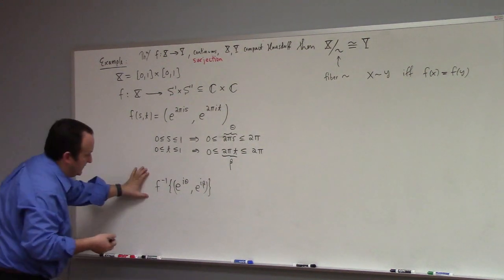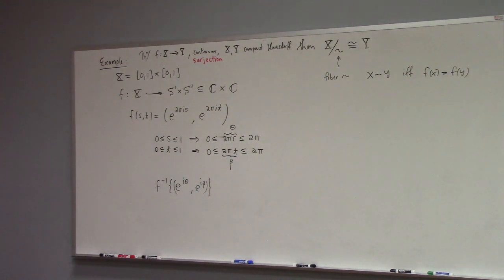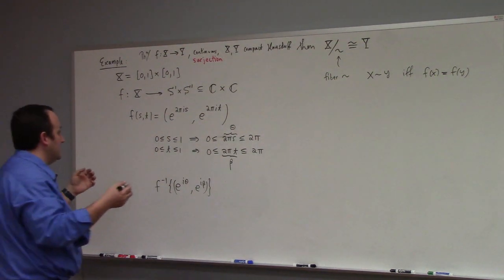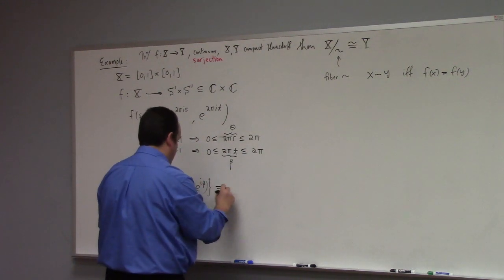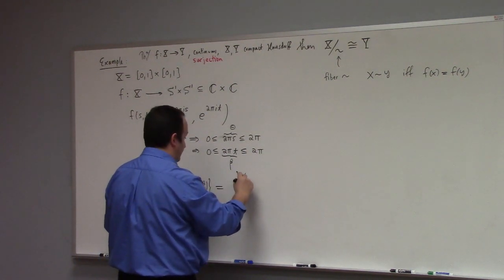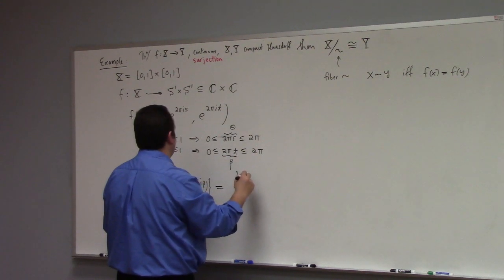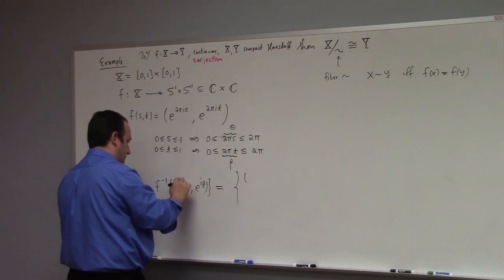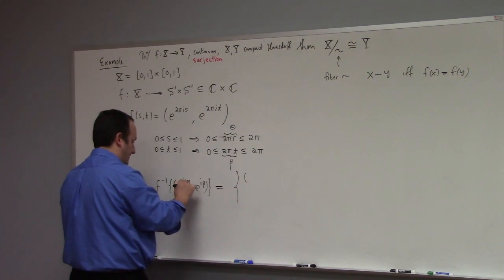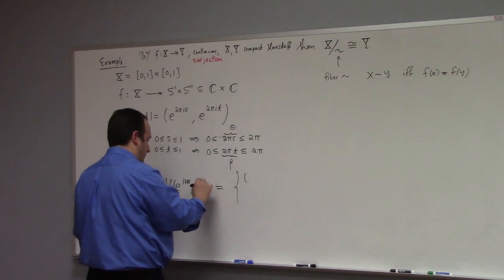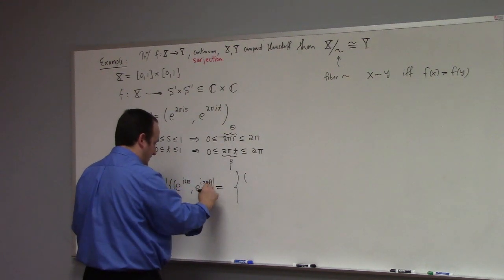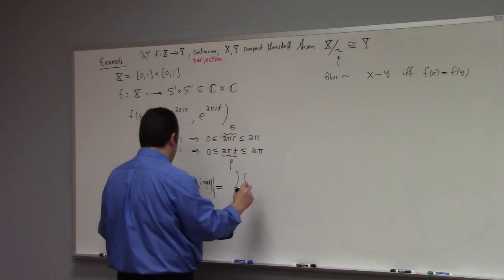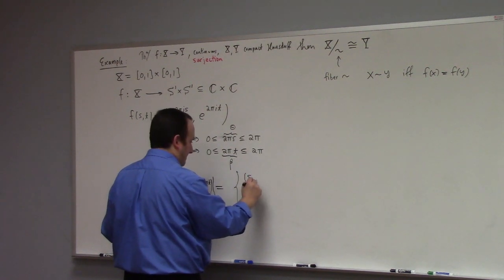Anyway, the inverse image of the singleton is what? He says there's two cases. It's either just, let me be lazier here, 2 pi s. We know that this is an arbitrary 2 pi t. So if I do that, then you can even see it easier, right? You get what? s,t.